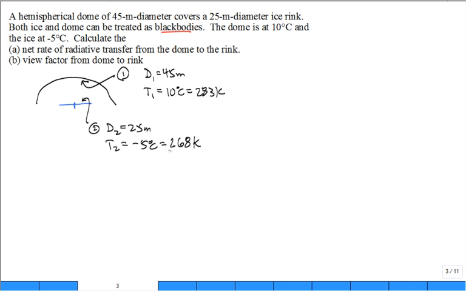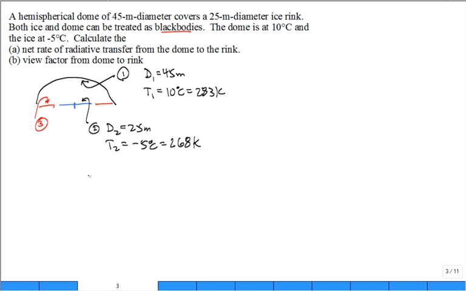You're interested in calculating the net rate of radiative transfer from the dome to the rink. You could enclose this and make a third surface, surface 3, to make an enclosure. You don't need to answer part A that way, but you could. Now that I have an enclosure, I can model a radiative network, but really what you're interested in is the net rate of radiative transfer from 1 to 2, from the dome to the rink.